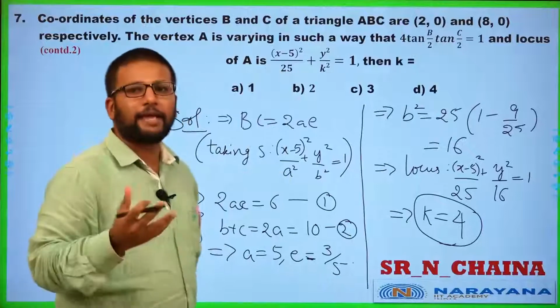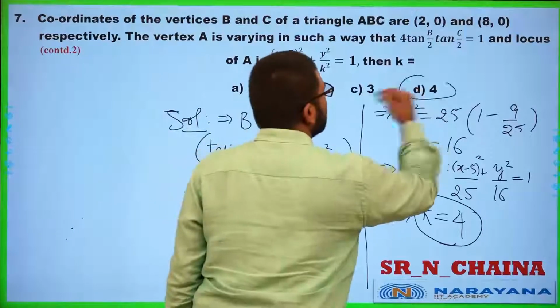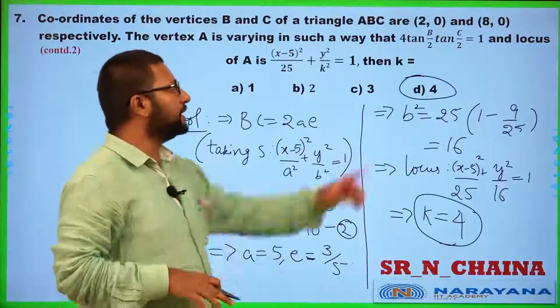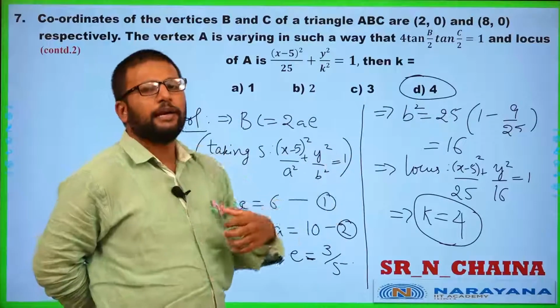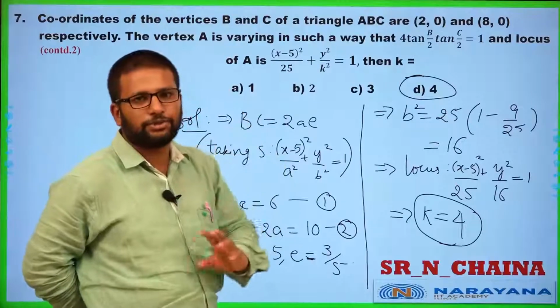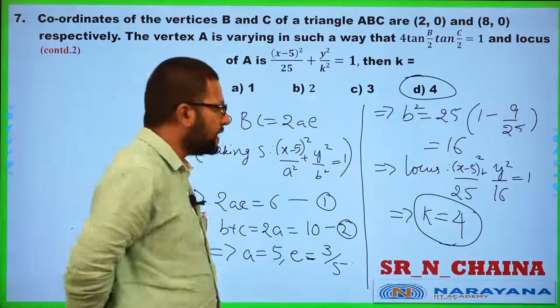Got it? K is 4. So this question is interesting particularly because of this formula, tan B by 2 tan C by 2, which doesn't appear a lot, and because it connects you to solutions of triangles. Got it? Okay, then let us proceed.